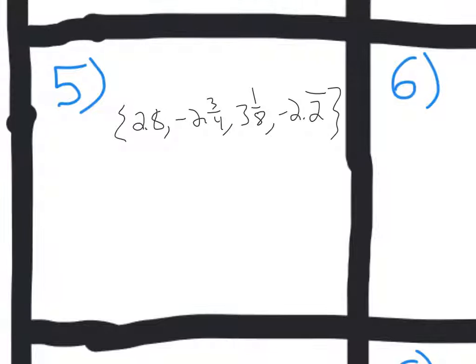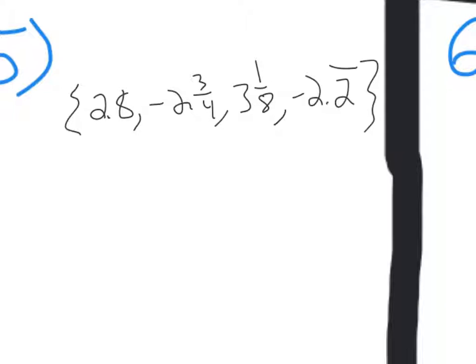Alright, so we need to figure out which number is the least and which number is the greatest. Let's use a little bit of process of elimination here. Alright, I've got a positive number, a negative number, a positive number, and a negative number. We know that our positive numbers always are bigger than our negative numbers. So let's put those over here for right now.